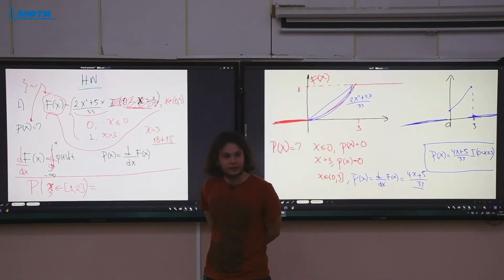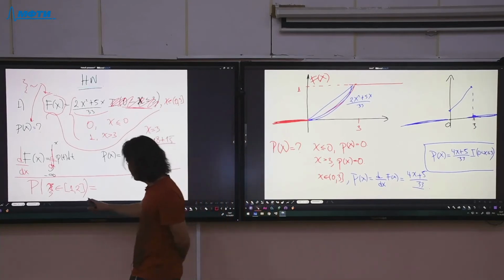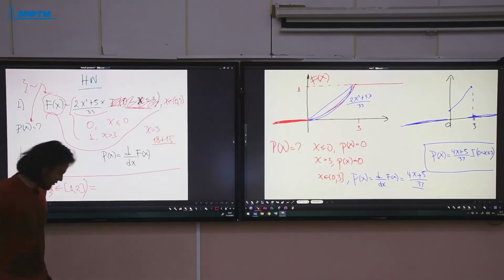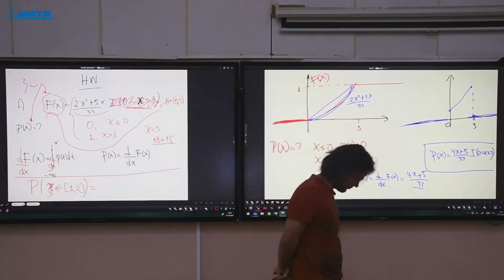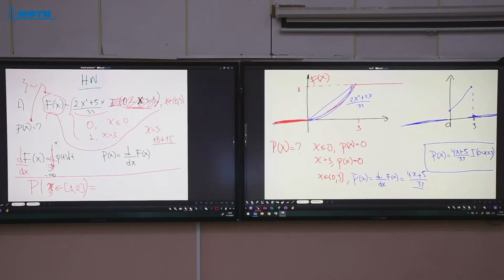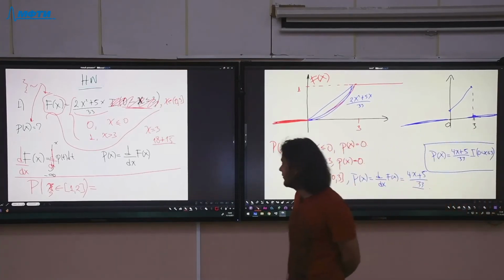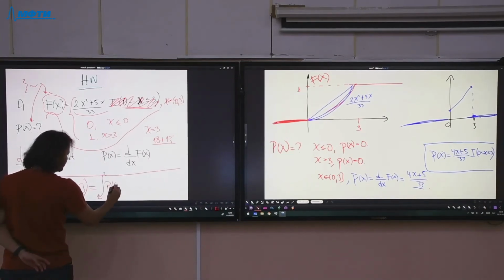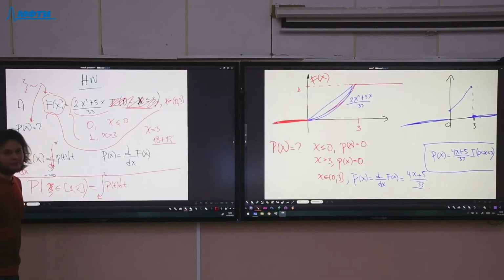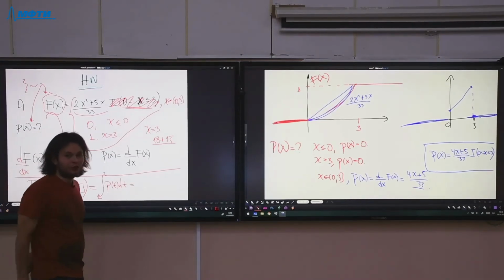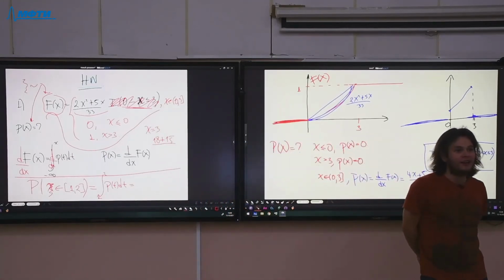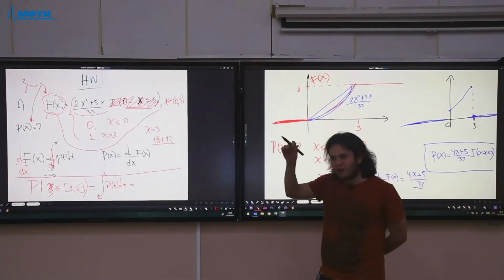Using what? The integral from 1 to 2 of the PDF. No, you got your points. Or what else? And for this one, also 0.5 points.